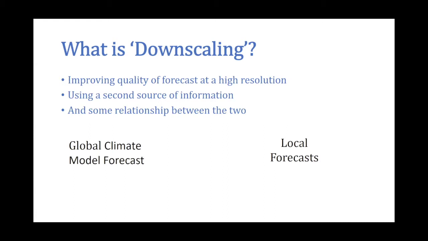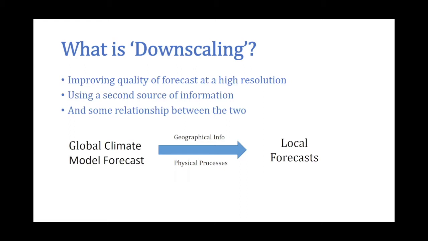Well, we need a second source of information. So most of the time, this is some geographical information. For example, if your city is located near the sea or far away from the sea, towards the equator or towards the pole, what's the elevation of your locality?